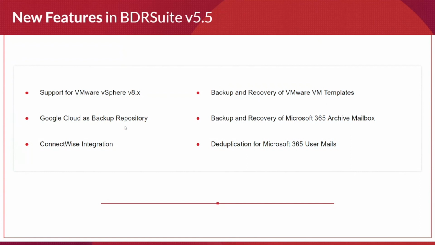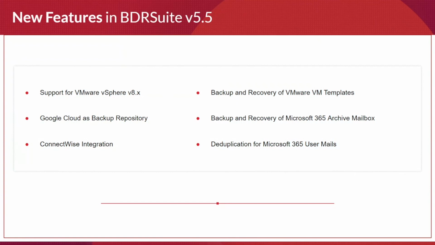And then we have Google Cloud as a backup repository under the object storage option. Initially we supported S3 cloud or any S3-compatible storages like Minio, Wasabi and Backblaze as your storage repositories. Then we brought in Azure Blob, so if you had a Microsoft Azure storage account, you can use that as your backup repository as well.